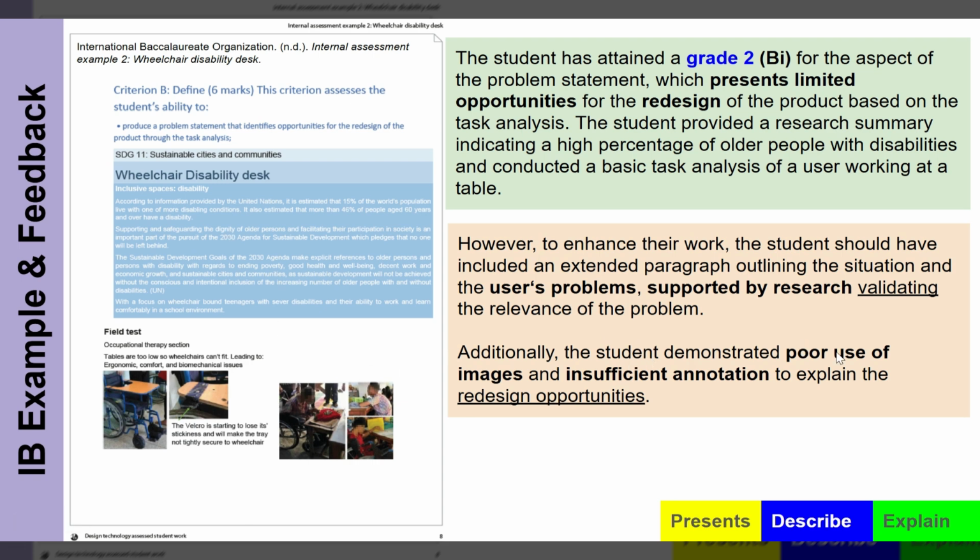Additionally, the student demonstrated poor use of images and insufficient annotation to explain the redesign opportunities. So looking at these images here, one thing you need to factor in is that you are doing a design portfolio, okay? So your portfolio should be presented well. It's a design portfolio. It's not a math IA or the other subjects that you might have an IA in.